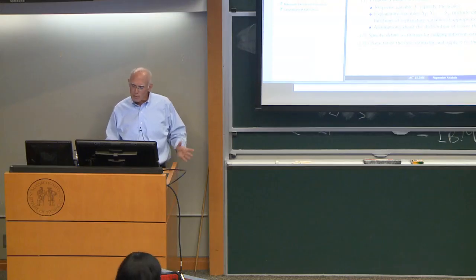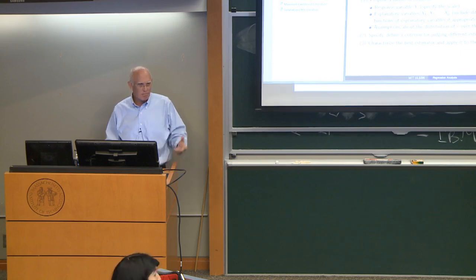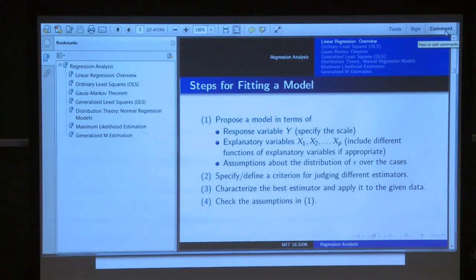Okay, third, we need to characterize the best estimator and apply it to the given data. Once we choose a criterion for how good an estimate of regression parameters is, then we have to have a technology for solving for that. And then fourth, we need to check our assumptions.